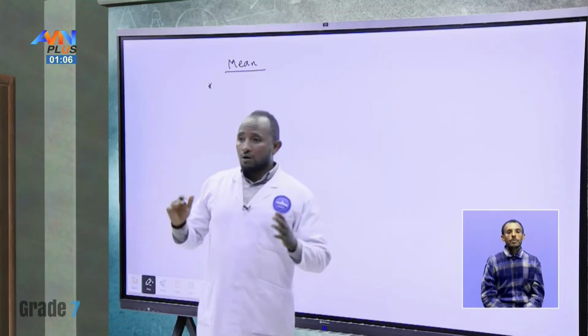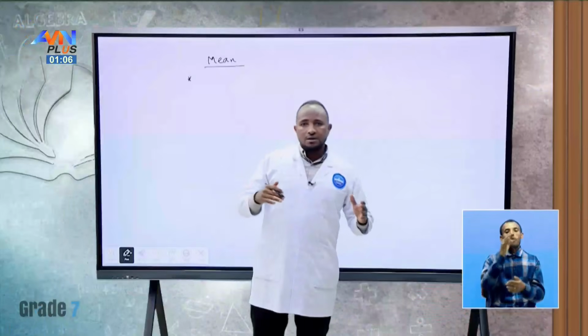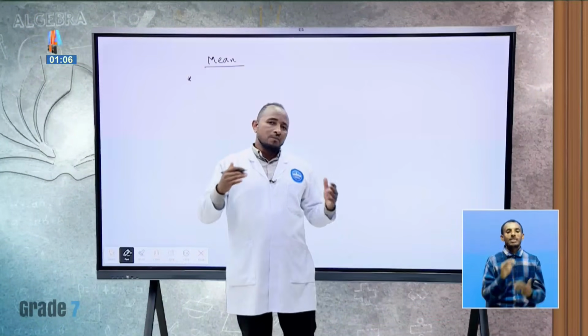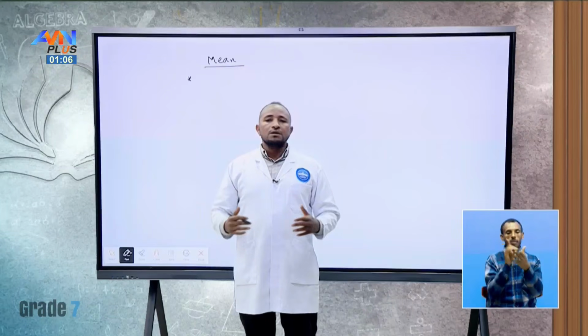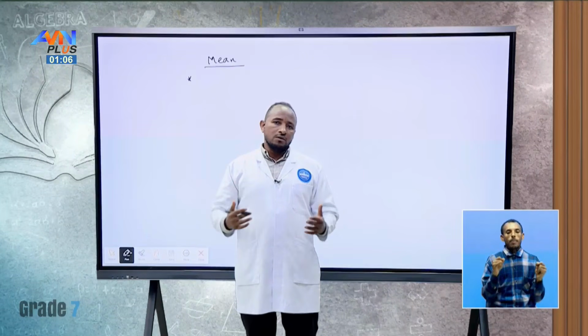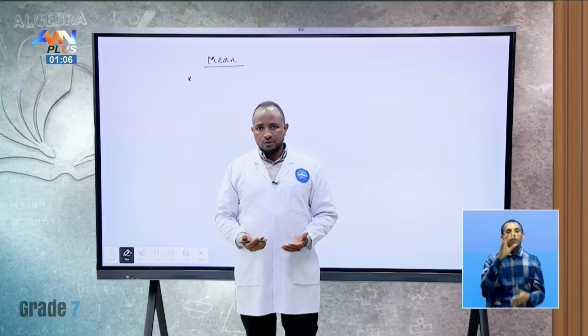The mean of a set of data is simply given by the sum of the data values divided by the number of data values.